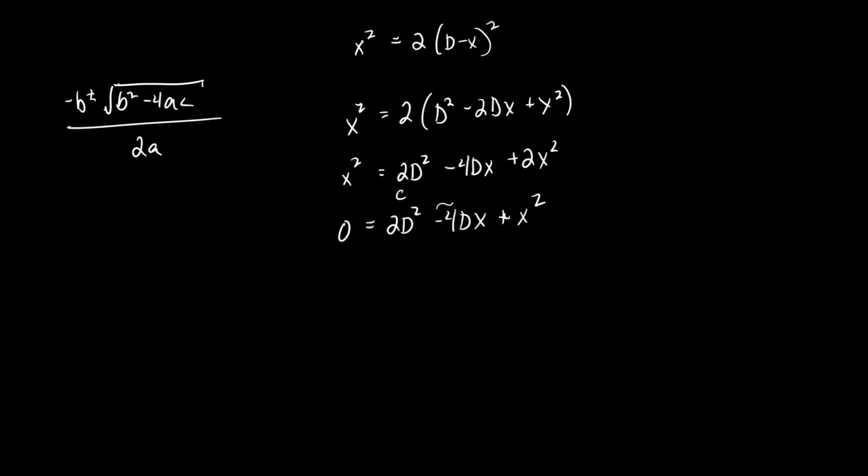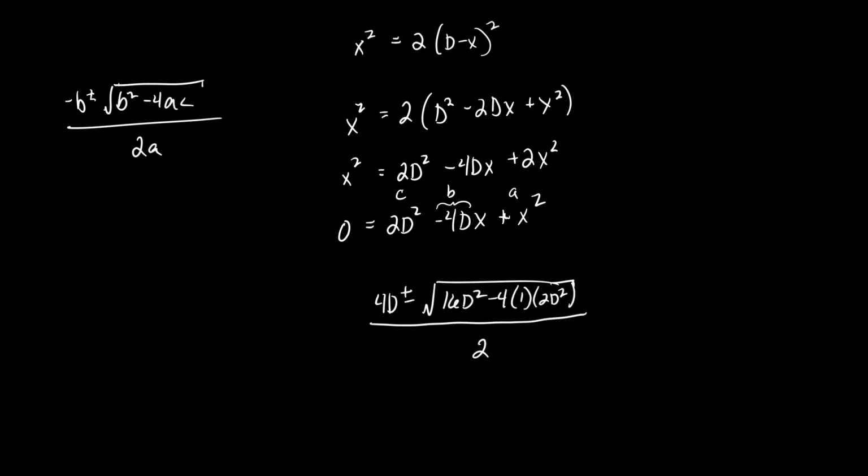Just this portion of the term is b, and there's an implied 1 here, that is the a. So we're going to have 4d plus or minus the square root of 16d squared minus 4 times 1 times 2d squared, all divided by 2. Any questions about that?